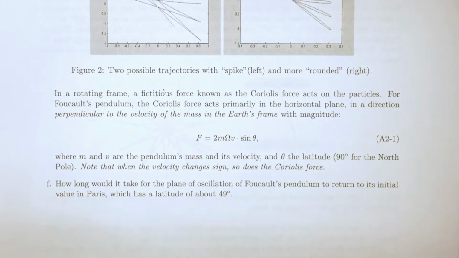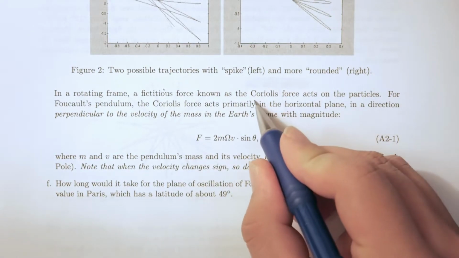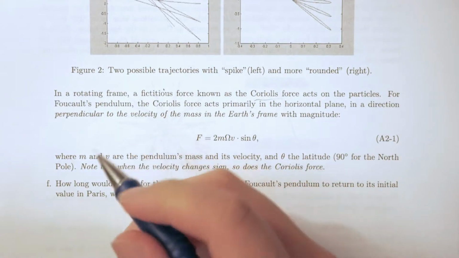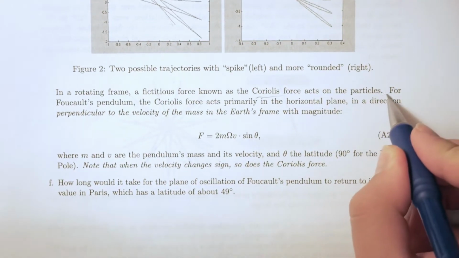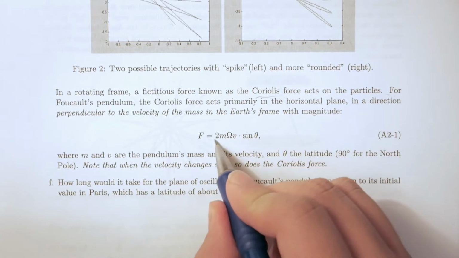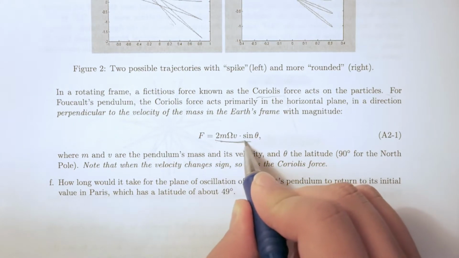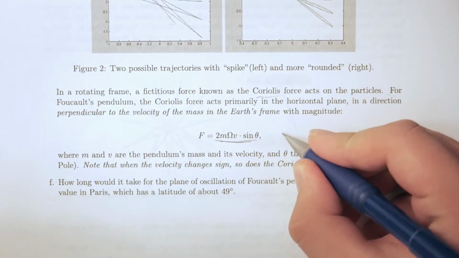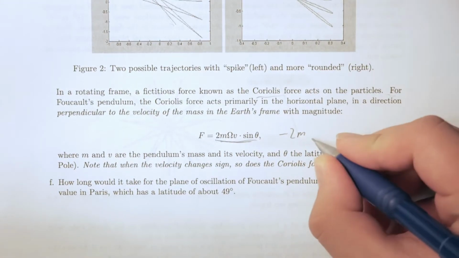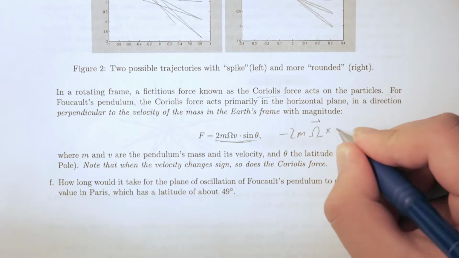The next part introduces a force called the Coriolis force, which is a fictitious force in rotating frames of reference, and it's given by 2m omega v sine theta, or more formally, negative 2m omega cross v.